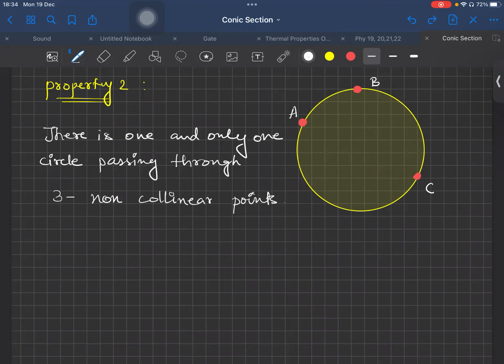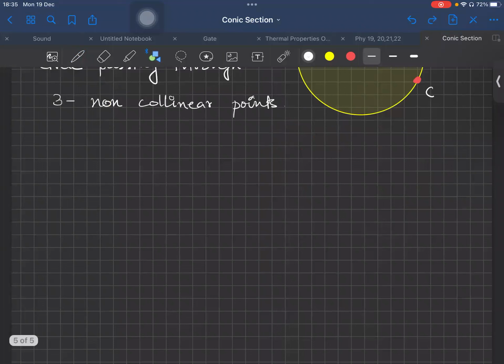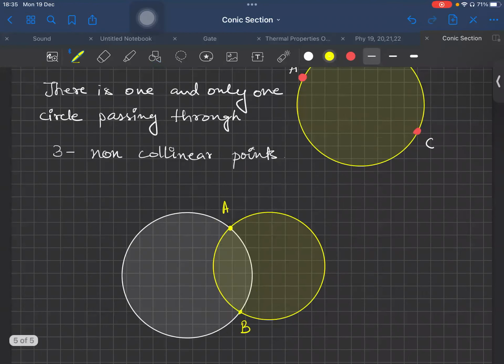They cannot intersect at all 3 points. If you have 2 circles, they will intersect at a maximum of 2 points, here and here, A and B. So there is no circle that can pass through all 3 points.